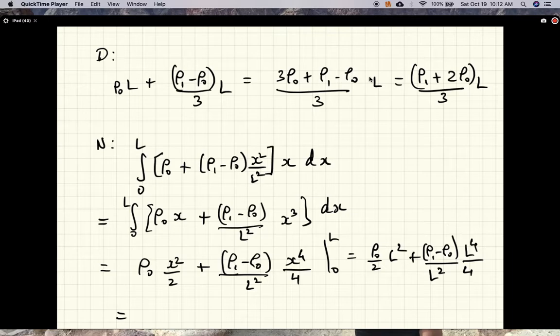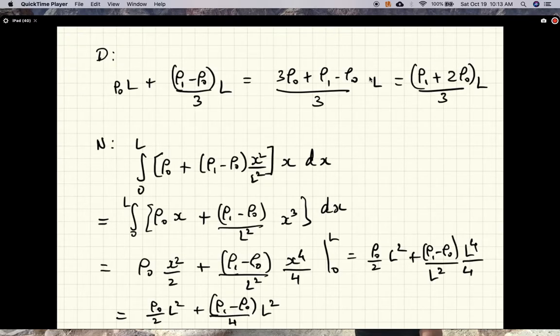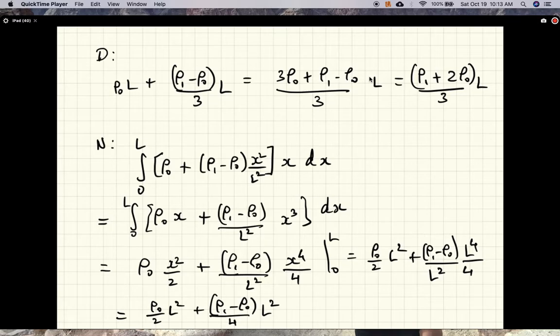Okay, so the numerator will work out to be rho naught by 2 L squared plus (rho 1 minus rho naught) by 4 L squared. Alright, so now we're going to put all of that together into the x center of mass, which is numerator divided by the denominator.